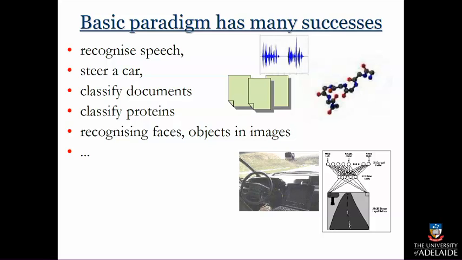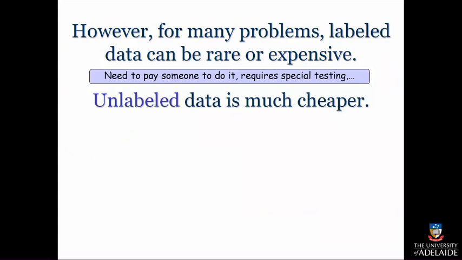But in many cases, labeling a lot of data is time consuming, and it can be very costly. And actually, for some applications, it's not even possible to label a lot of data. In contrast, unlabeled data is much cheaper.